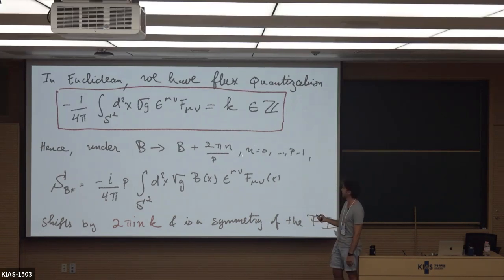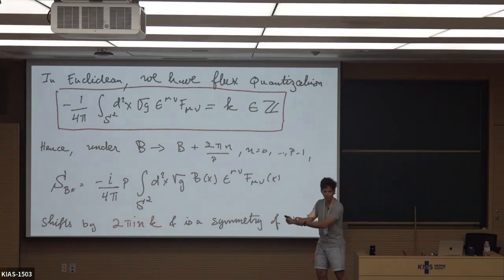A shift of B by 2 pi is not really a shift. There's an equivalence between B and B plus 2 pi. So a shift of n equals p is a redundancy. And hence, if n is p plus 1, I can relate it to n equals 1 by a shift by 2 pi. So only these n are actual symmetries of the theory.